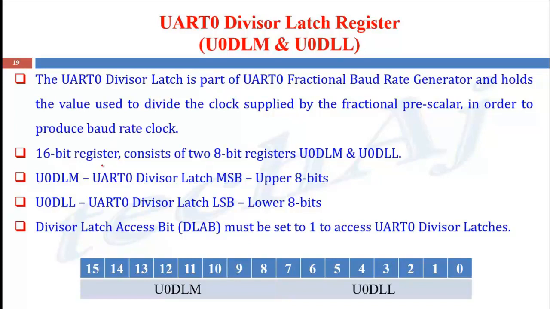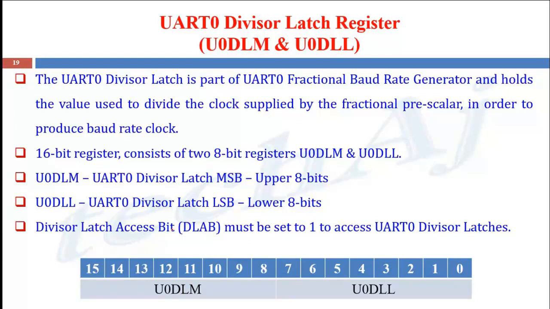It is a 16-bit register consisting of two different 8-bit registers, U0 DLM and U0 DLL. U0 DLM is the UART0 divisor latch MSB bits, so these are the upper 8 bits of the divisor latch, and U0 DLL is the UART0 divisor latch LSB bits. That means the lower 8 bits of the divisor latch.